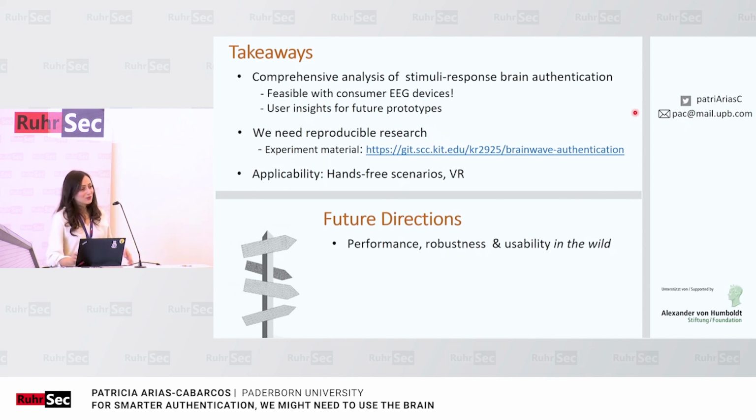Then the usability evaluation that we conducted, like the other usability evaluations with users, relates to perceived usability of an imagined system, but they didn't interact with a real prototype. We collected the data, then we ran the algorithms, but we lack this testing of being authenticated in real time with a prototype, and ideally not only in lab conditions, but also in the wild.